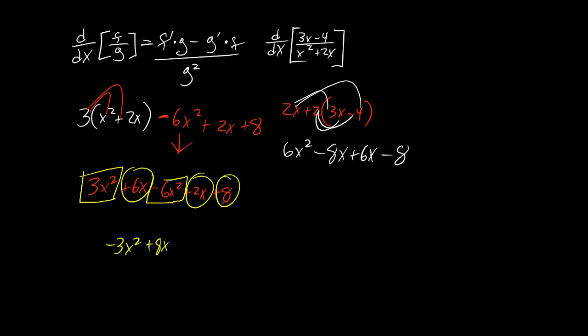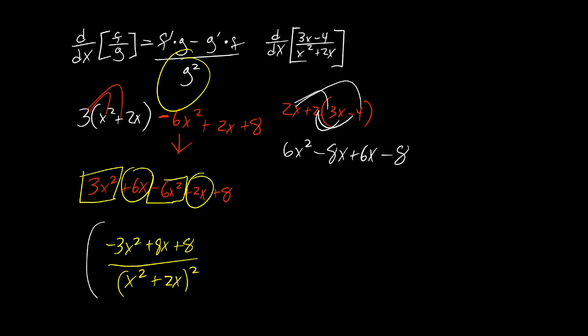And then we have just a leftover 8. And then finally we get g to the power of 2 on the bottom, which is x squared plus 2x in parentheses to the power of 2. And that right here is the answer.